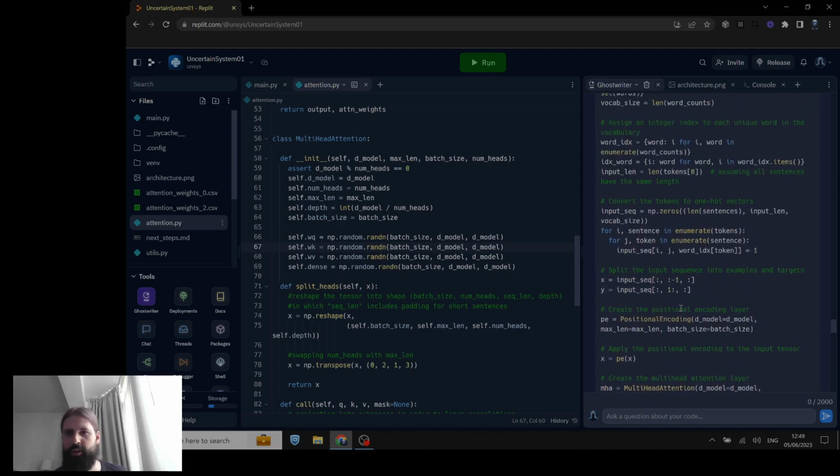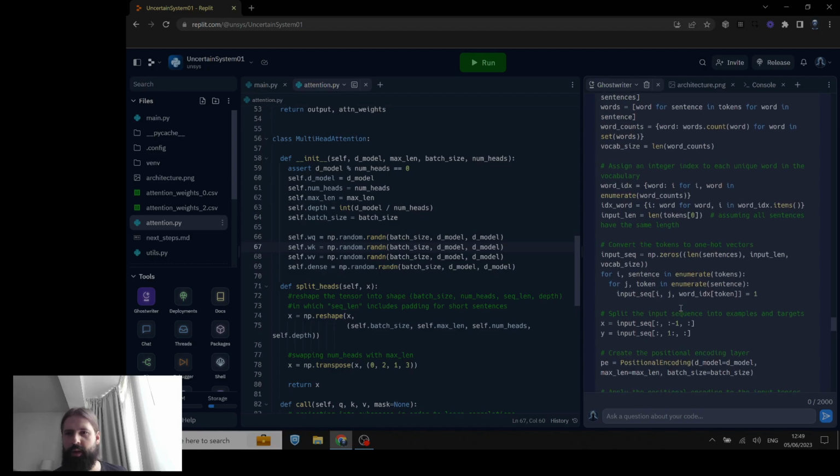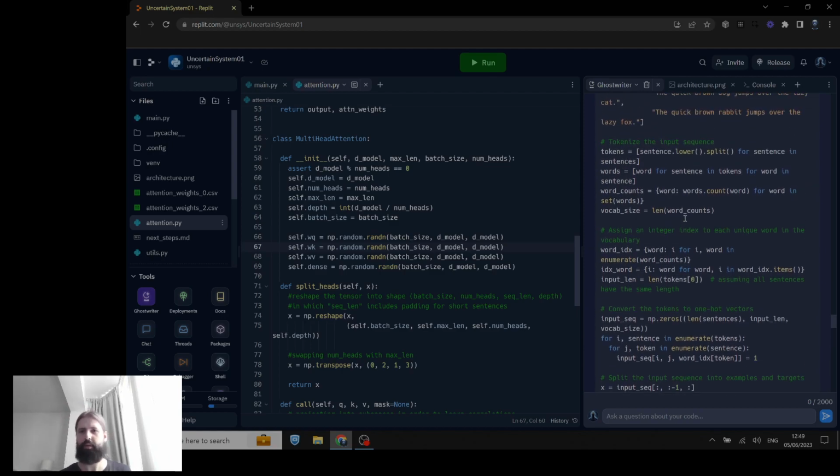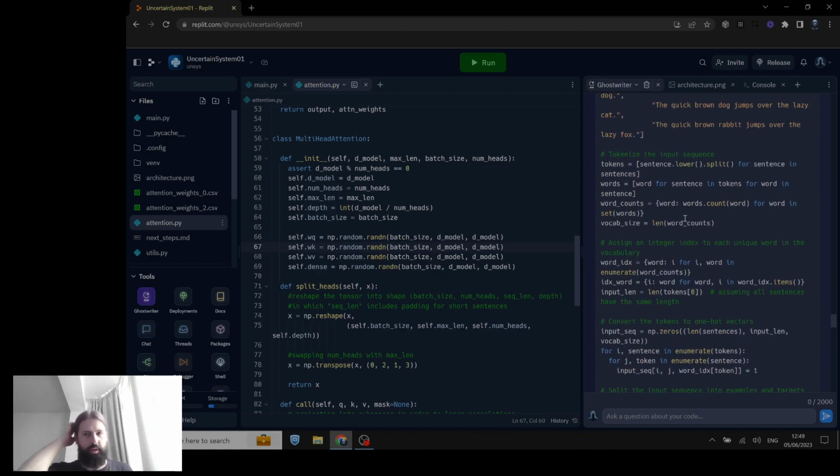So we definitely need to assign an integer index to each unique word in the vocabulary. So we need to actually find a vocabulary first of all. We need to create a vocabulary, then assign an integer index to each unique word in the vocabulary.